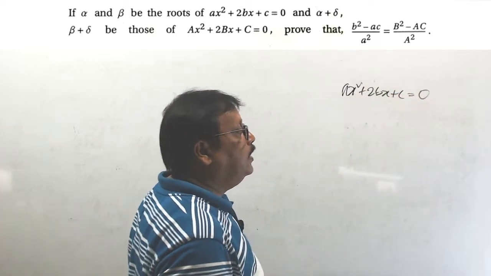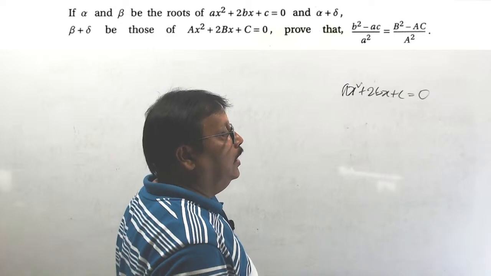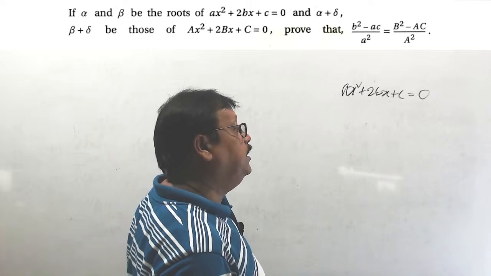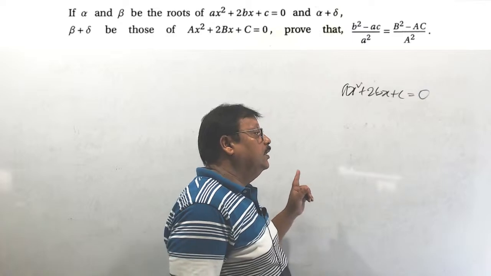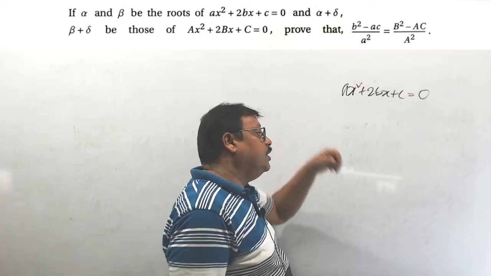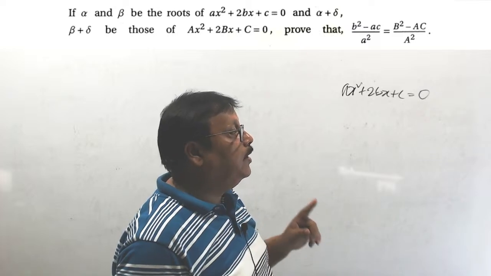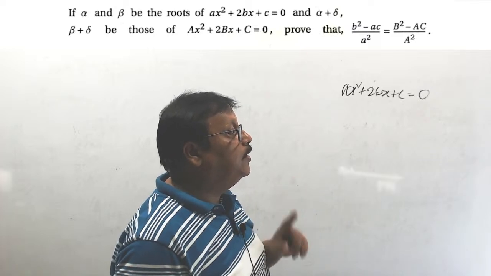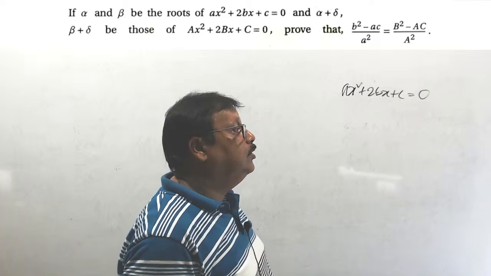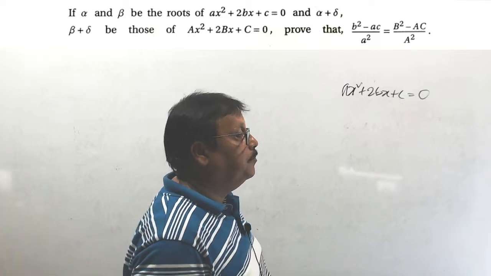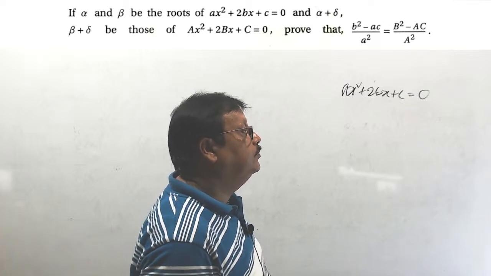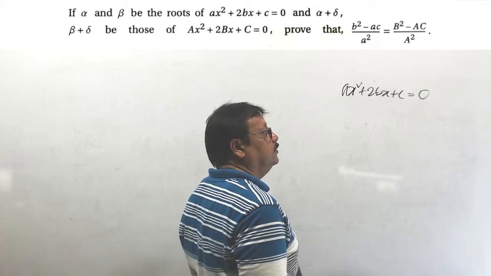Okay, alpha and beta be the roots of this one. And alpha plus delta and beta plus delta be the roots of the equation capital A x square plus 2 capital B x plus capital C is equal to 0. You have to prove this relation. How will you prove?